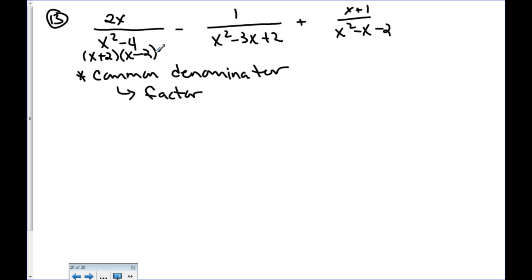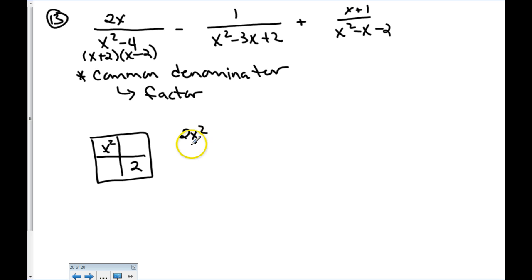Okay, so now these two we can use our box method to factor those. If we're going to do the box method on this middle one, we have an x squared in the top left corner and a 2 in the bottom right corner. If I multiply across my diagonal, I'm going to have 2x squared.